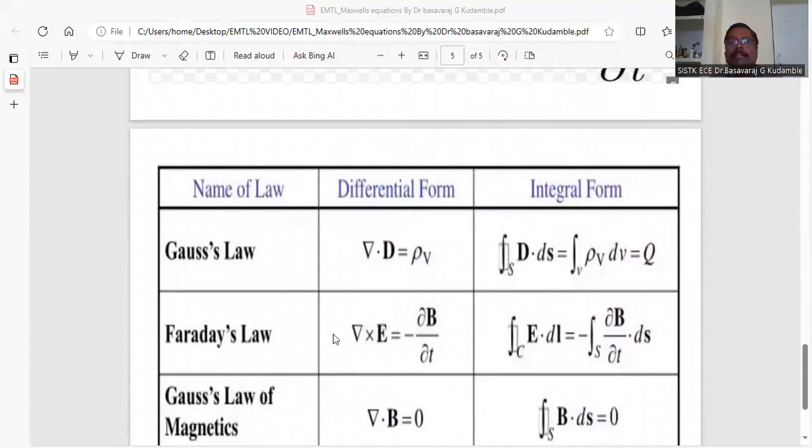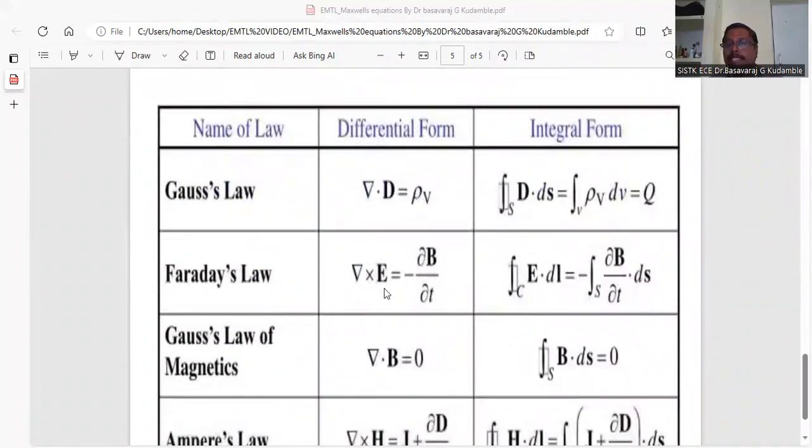Then Faraday's law: del cross E, that is the EMF produced, is equal to the negative rate of change of magnetic flux density. Similarly, in integral form, E dot dl, the EMF for a closed path, is equal to the integration of the rate of change of magnetic flux density dot ds, where ds is the surface area.